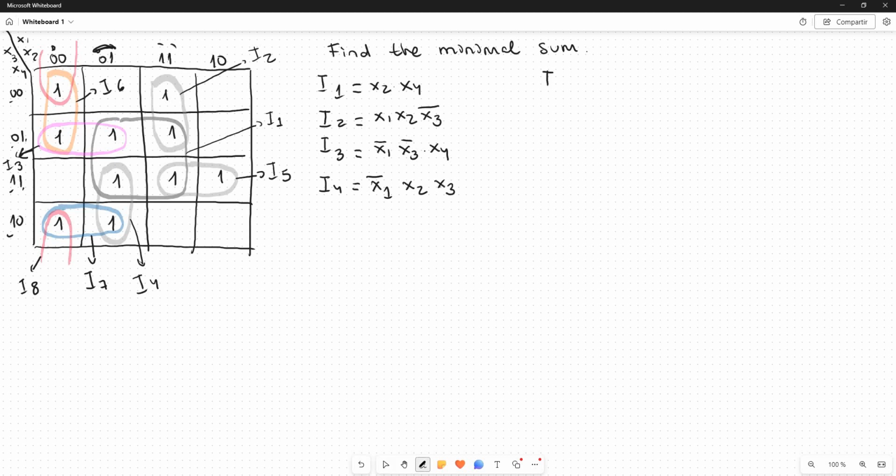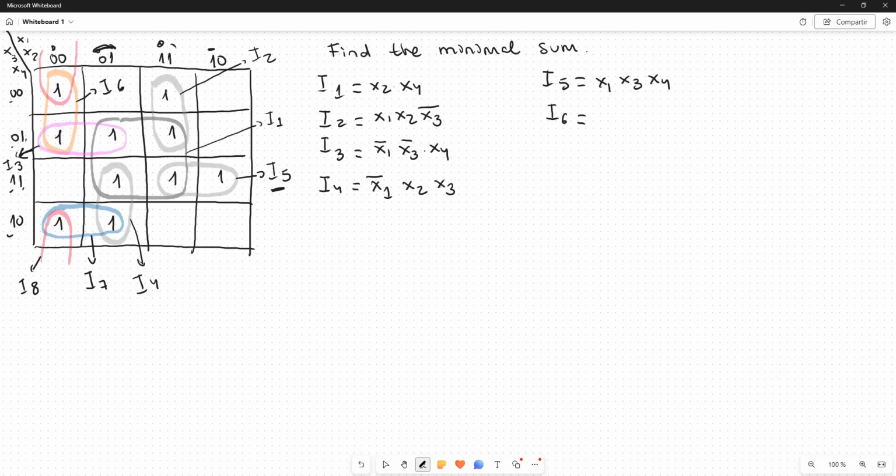Implicant 5 is this one, so in the row we have x3 and x4 non-negated because they are 1, and in the columns we have x1 non-negated because it's 1 in both cells.